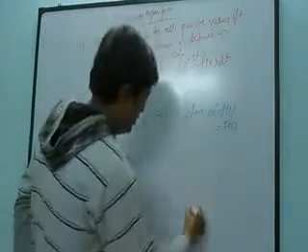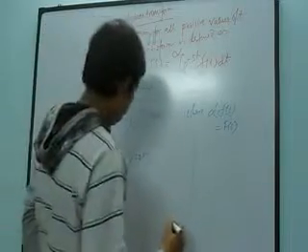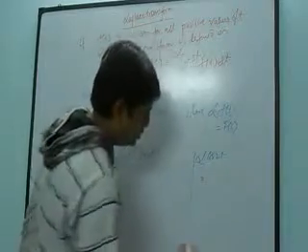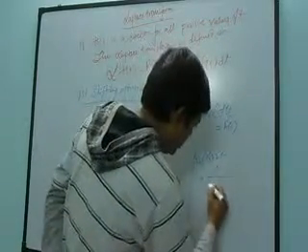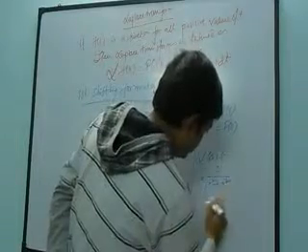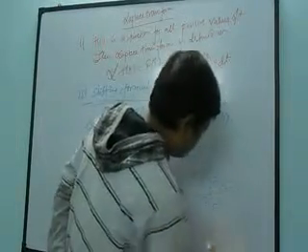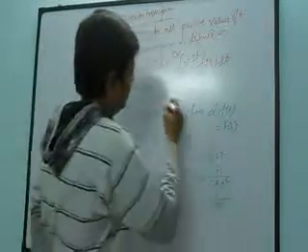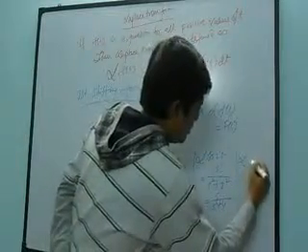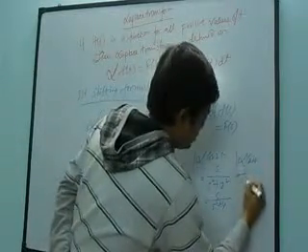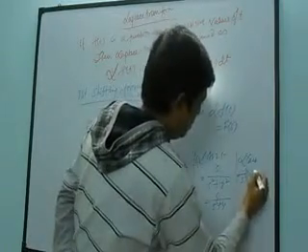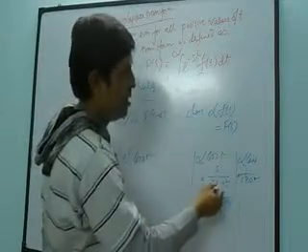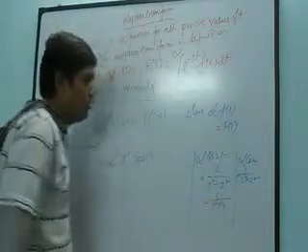Well, if we are only interested in the Laplace transform of cos 2t, it is equal to s divided by s square plus 2 square, that is s divided by s square plus 4, by the formula of the Laplace transform of cos at. The formula for the Laplace transform of cos at is equal to s divided by s square plus a square. With the help of this formula, we can find the Laplace transform of cos 2t, which is equal to s divided by s square plus 4.